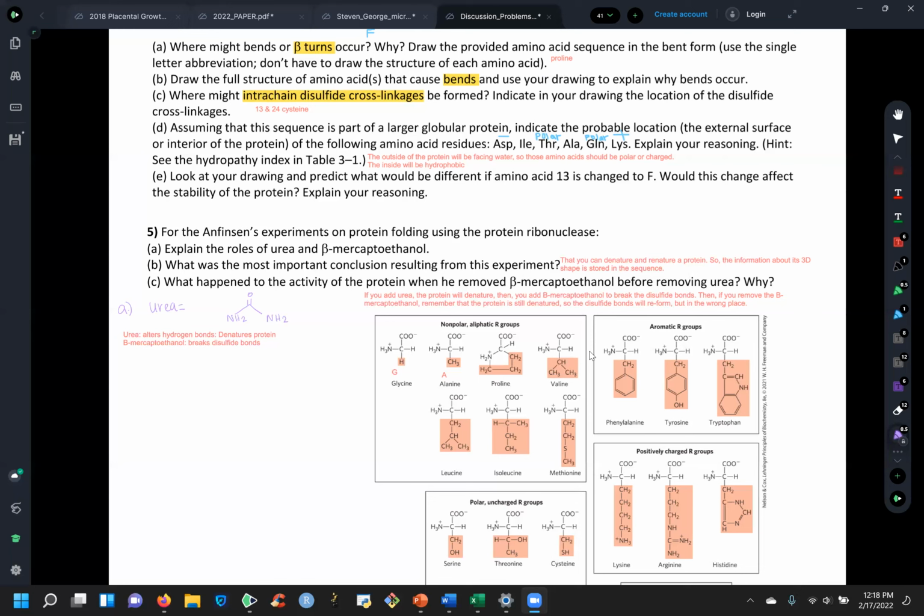Is that going to be correct? Probably not. And these are covalent, stabilizing, super strong bonds. So what's going to happen to your protein? It is not going to fold properly, and it is going to lose its function, which leads to disease and possibly death.